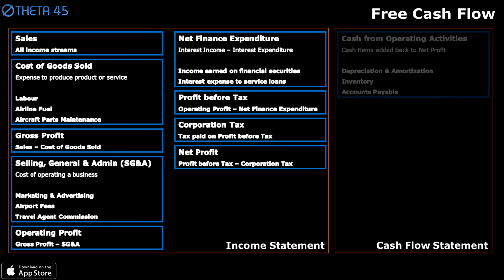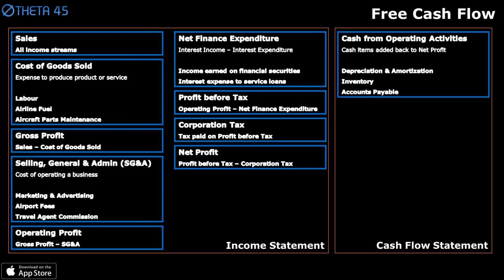But the company has other items on its balance sheet that can be converted into cash. The balance from the cash from operating activities, such as depreciation and amortization, inventory, and accounts payable, need to be accounted and added back to the net income to calculate the operating cash flow.